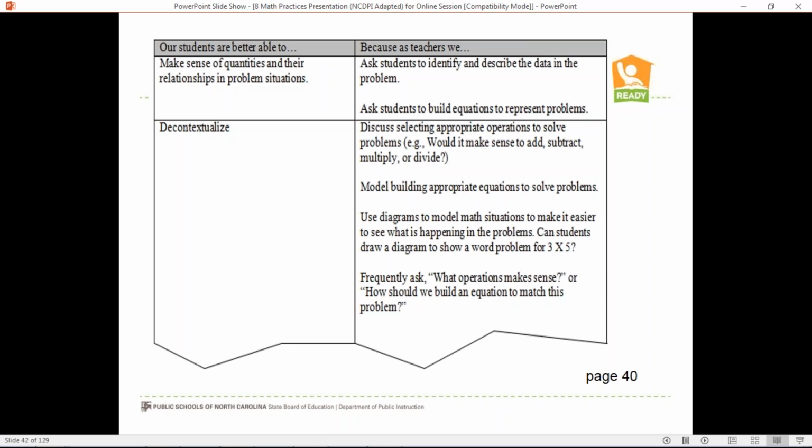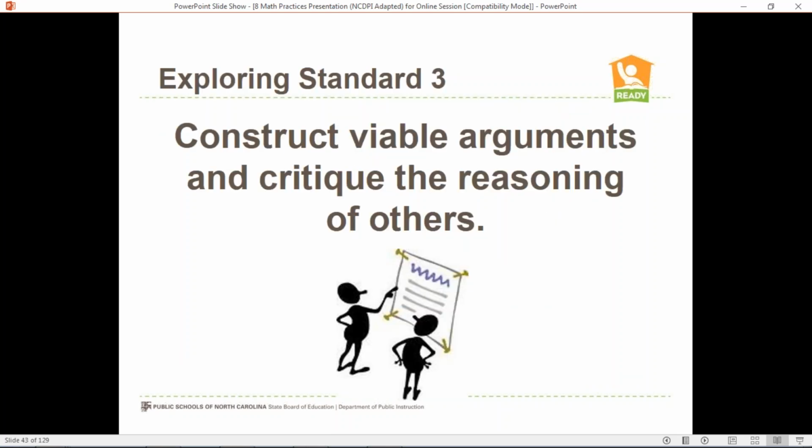If we discuss what operations might be necessary, if we discuss modeling, if we discuss diagrams, if we ask kids what makes sense here, how do we build an equation, all those pieces are going to help our kids be able to do what we ultimately want them to do, which is decontextualize the work itself.